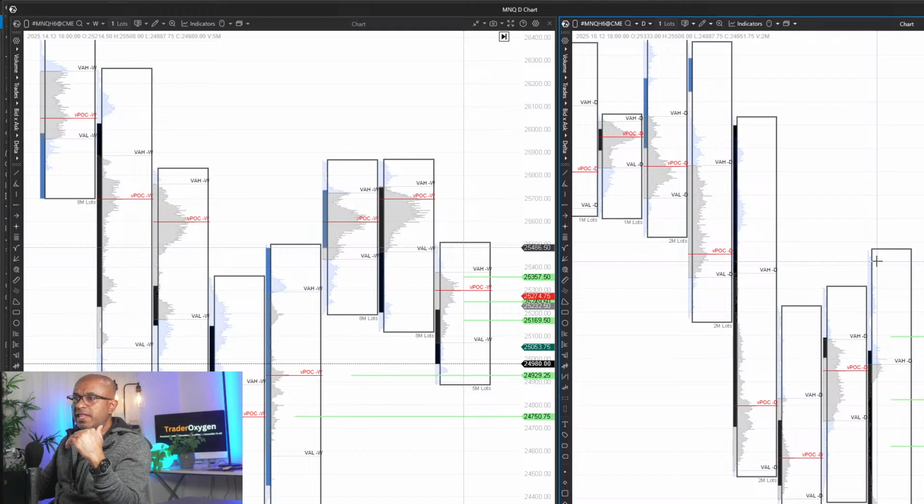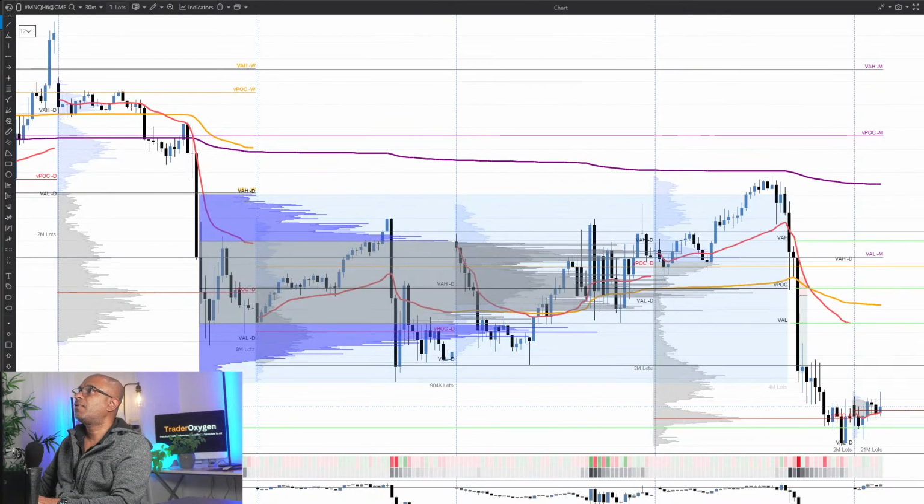So with all that, and with the bearish direction, going to the 30 minutes chart, right? So this is the important part.